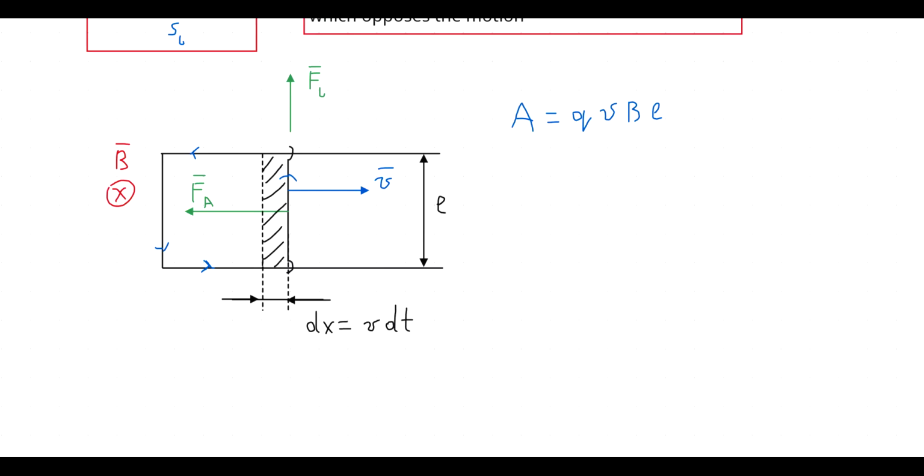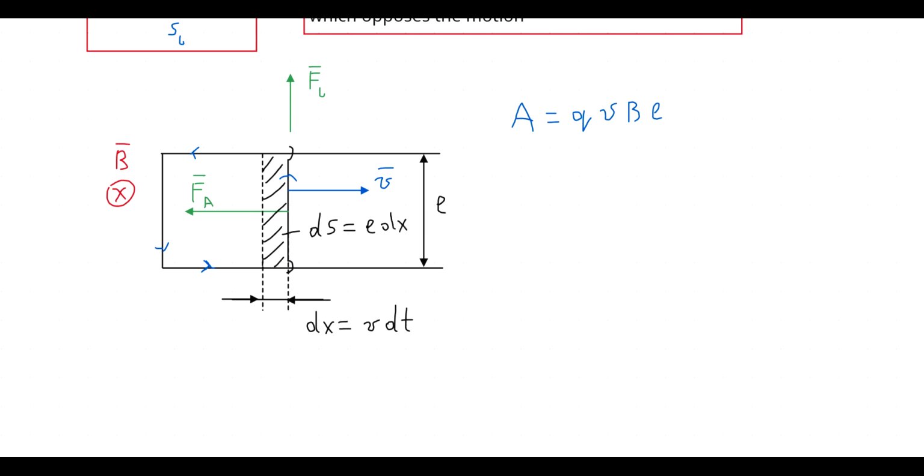Okay, and what about area? This area has a rectangular form, and according to the picture, area dS will be equal to L multiplied by dx.